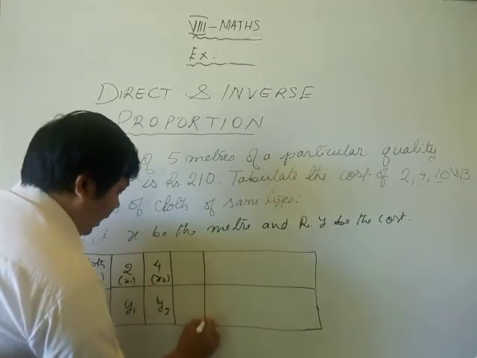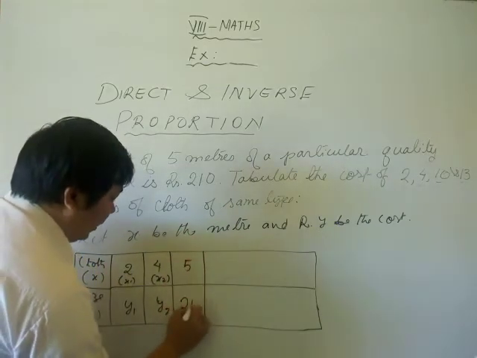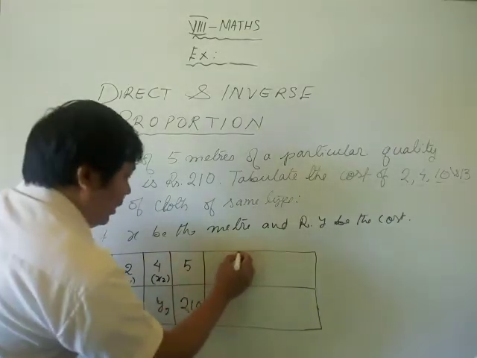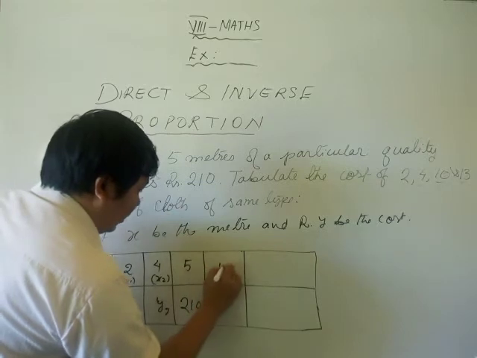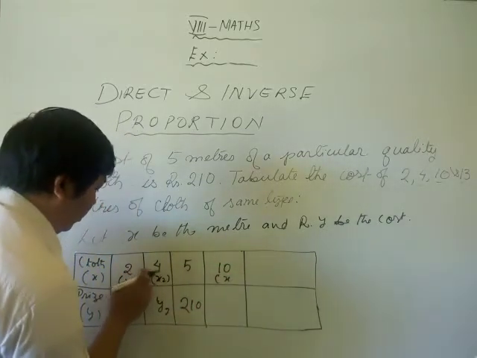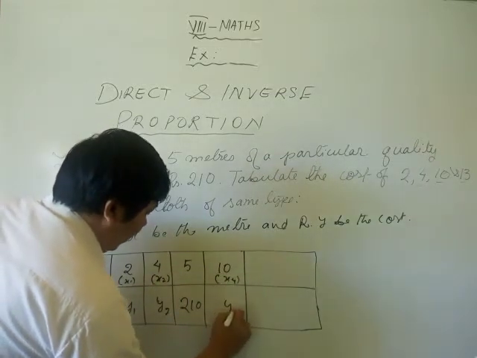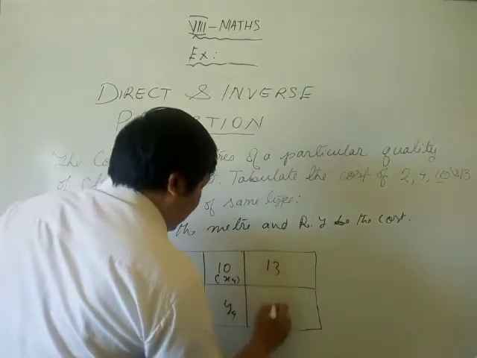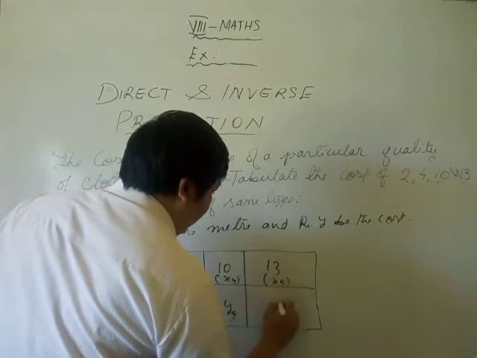Then the next is 5 meter. For 5 meter, we have 210 rupees, isn't it? The next is 10 meter, this is x4, here will be y4. And here 13 meter, this is x5, here y5.